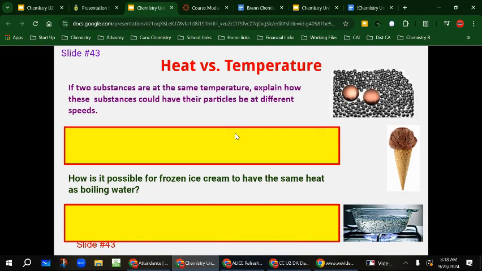Think about it. You have a heavy particle, you have a light particle. To be at the same temperature, they have to have the same... See, you're not making the connection.